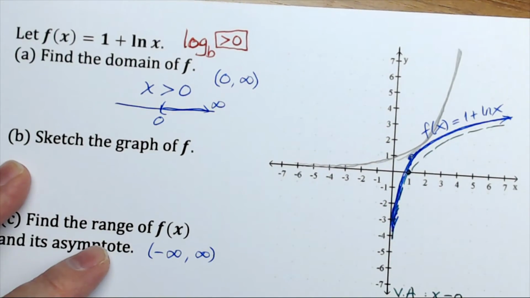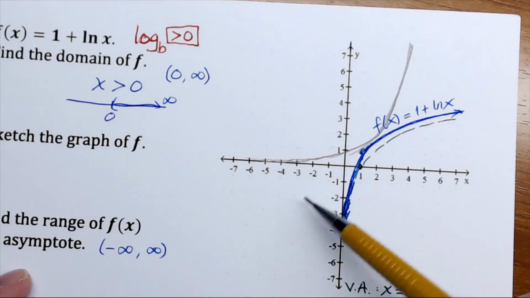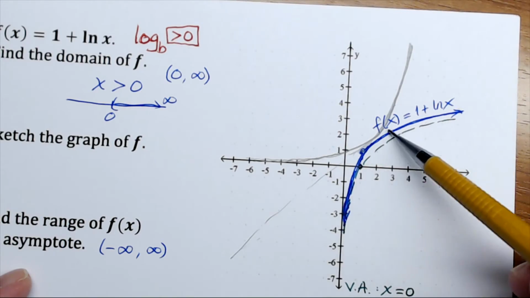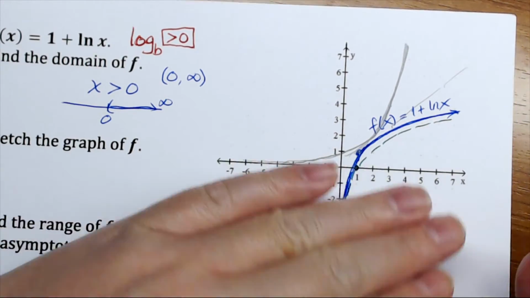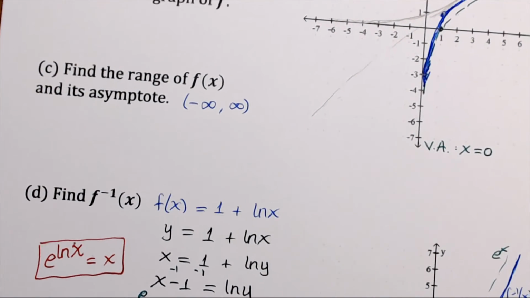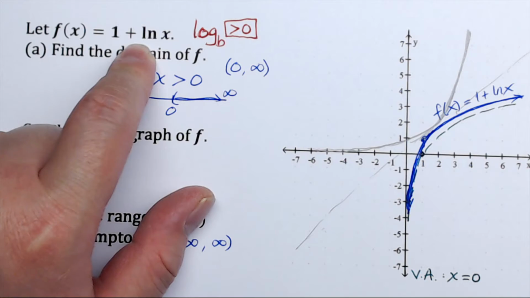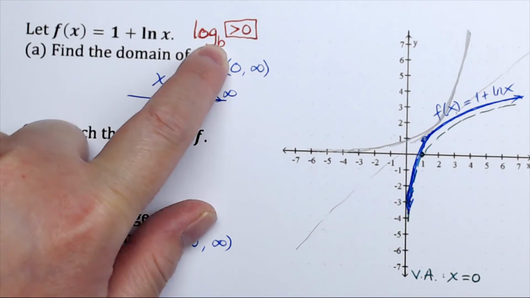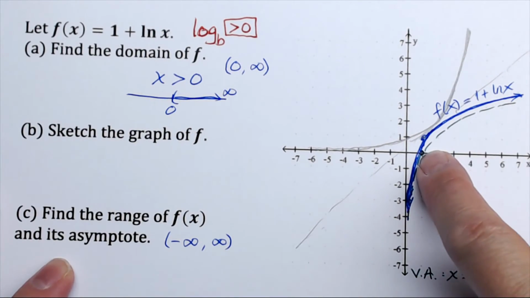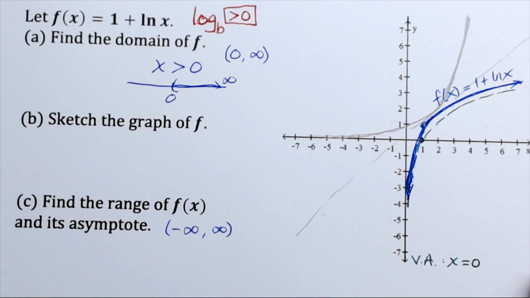The exponential function, the inverse e to the x minus 1, is symmetric about the line y equal to x. As you see, they are mirror images of each other. So the graph of ln of x, or any log of any base, will be like that. Go to the point (0, 1). This one goes 1 unit up, and we have that.